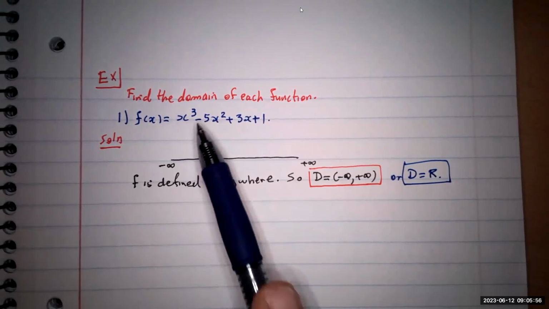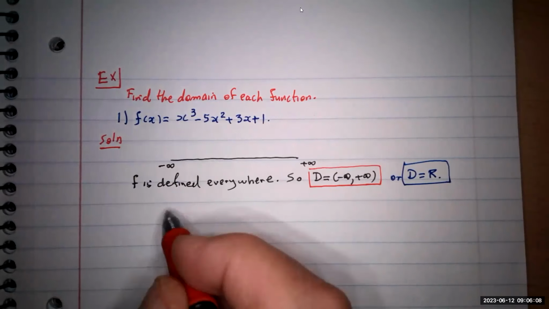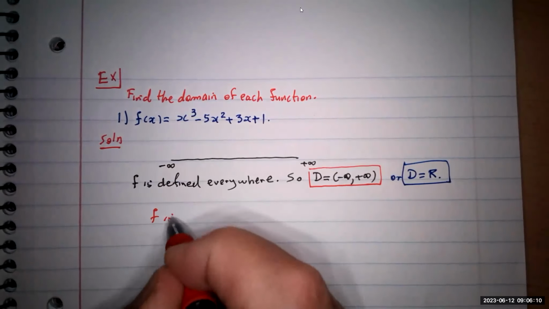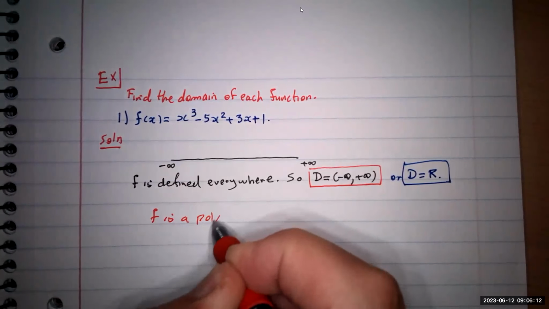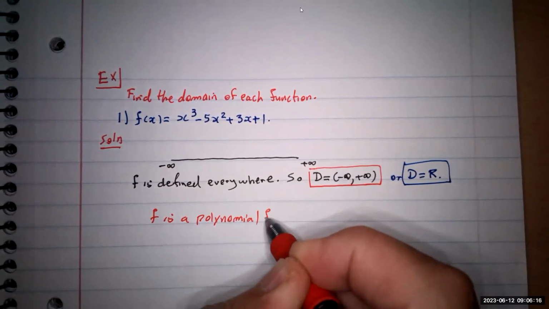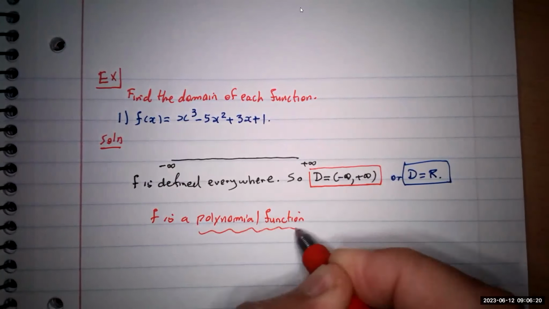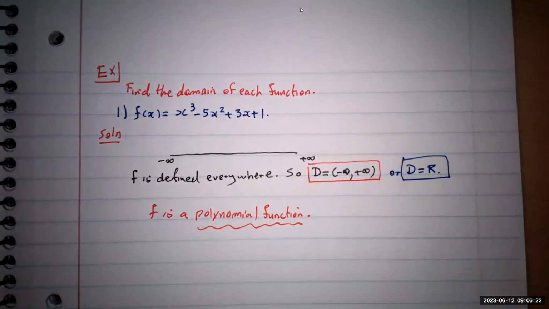We have a special name for this function. Do you remember the name for this function? Polynomial. Polynomials, very good. That's the best case. So that's why we would like to introduce this one. Say that f is a polynomial, a polynomial function. Make sure you remember this one from now on.